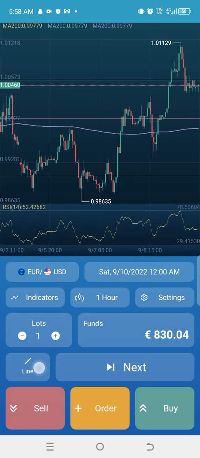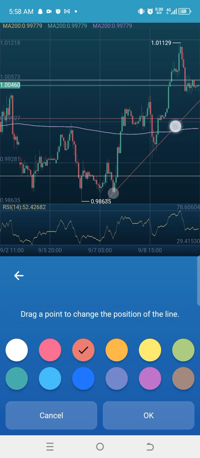Yeah, this looks a more valid trend line.